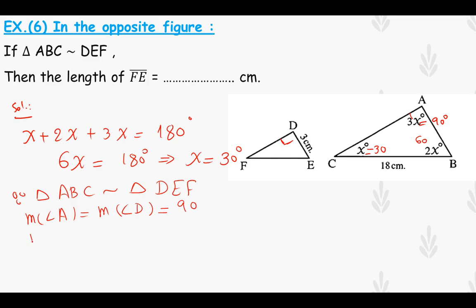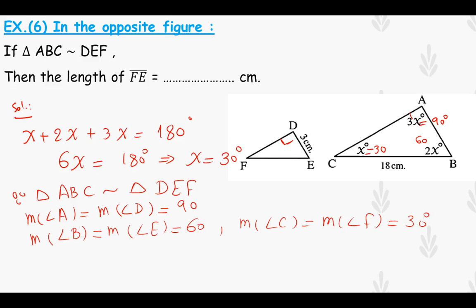And measure of angle B equals measure of angle E, which equals 60 degrees. And the last one, measure of angle C equals measure of angle F, which equals 30 degrees.